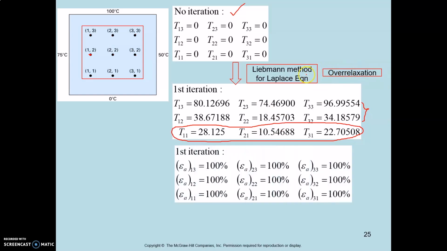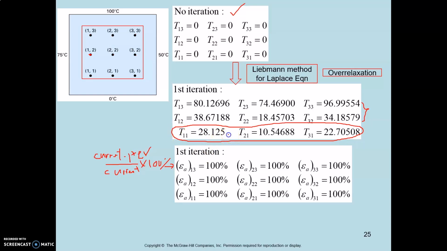For the first iteration, when we compute the error using the percent relative error, basically you need to find the percentage by using the current estimation minus the previous.